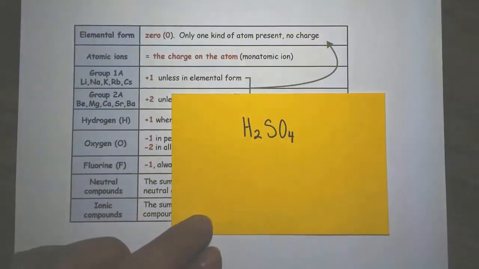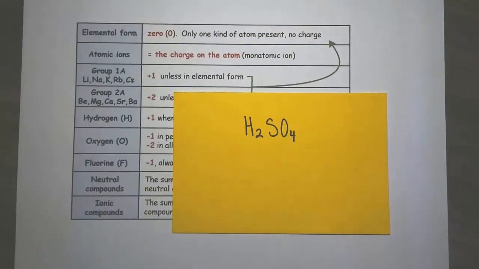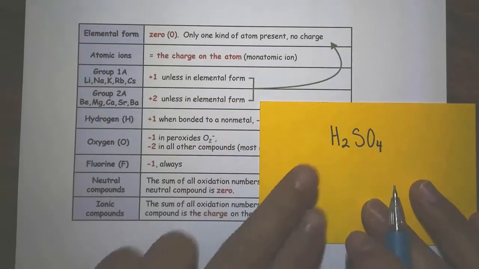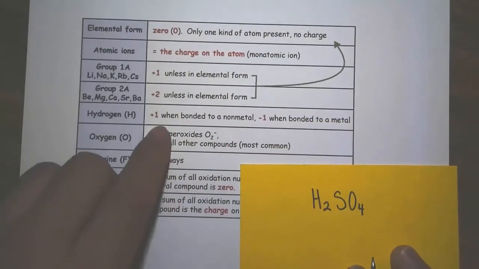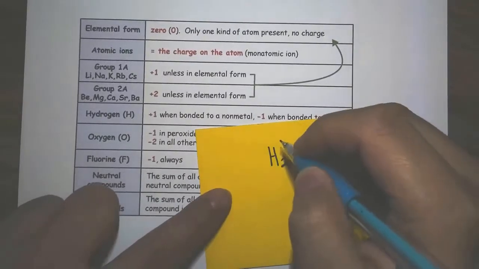So here I have this chemical formula, H2SO4. First of all, we need to break them apart based on what we already know. We know that hydrogen, when bound with a non-metal, has a +1. So we can apply that rule.